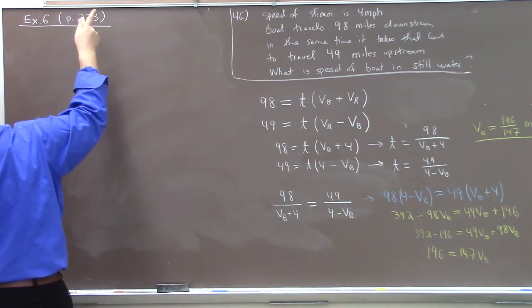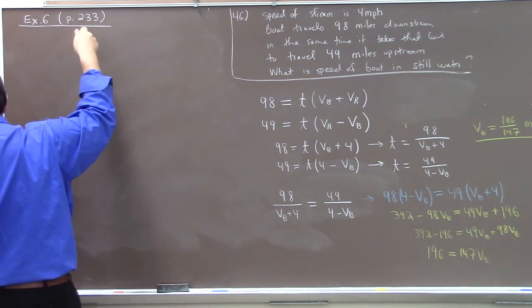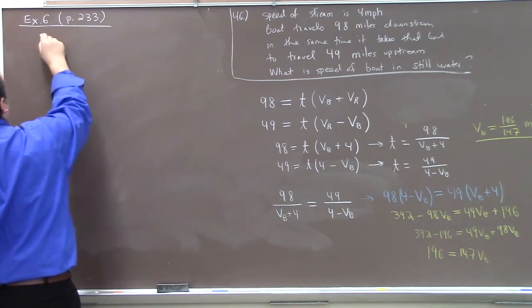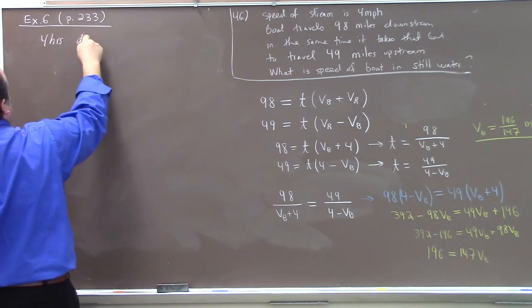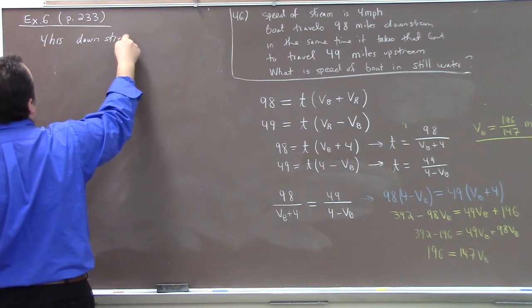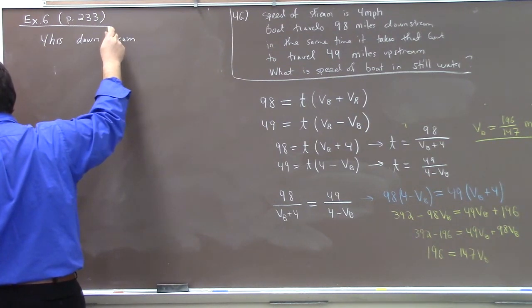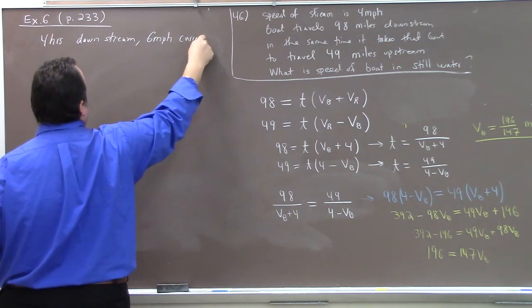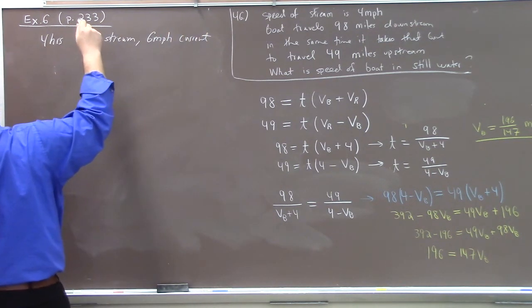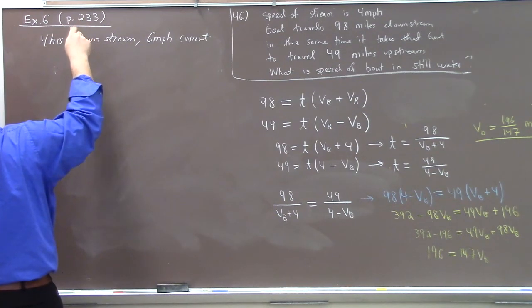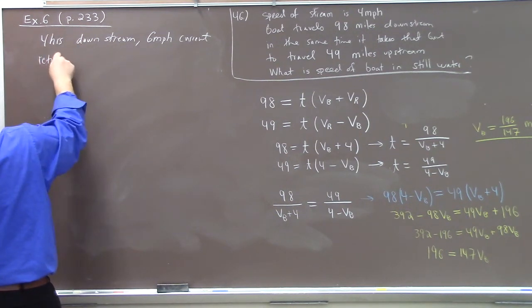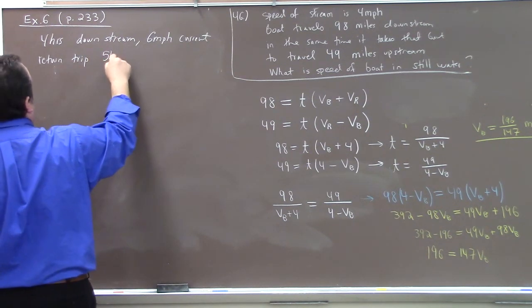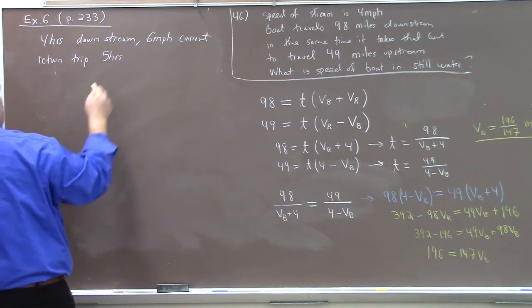So a Coast Guard patrol boat travels 4 hours on a trip downstream. There's a 6 mile per hour current. And the return trip takes 5 hours. Find the speed of the boat.